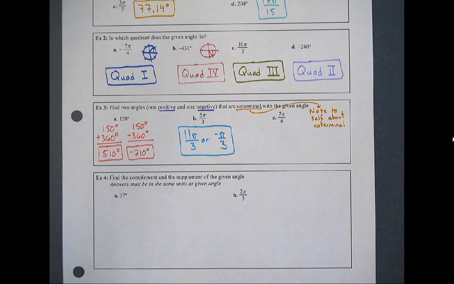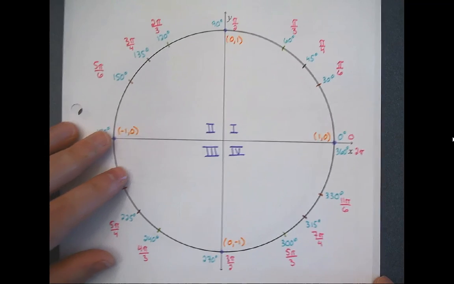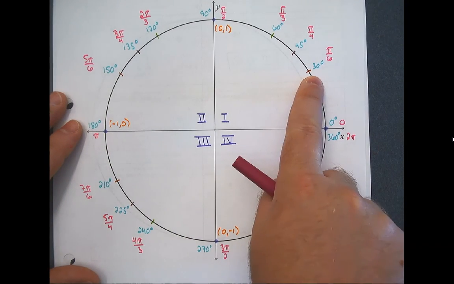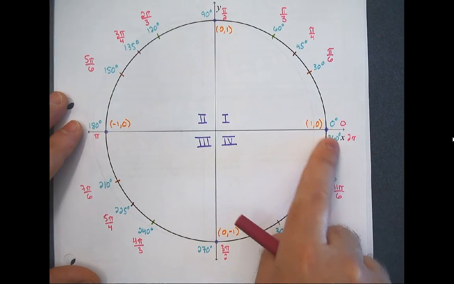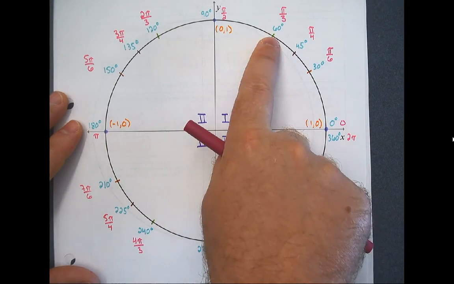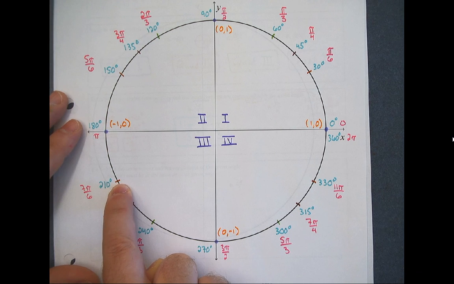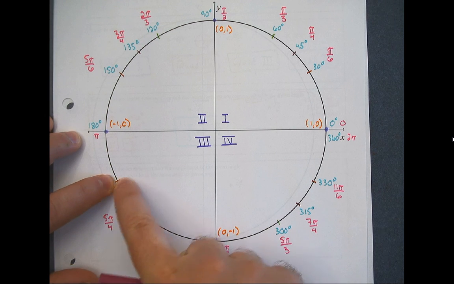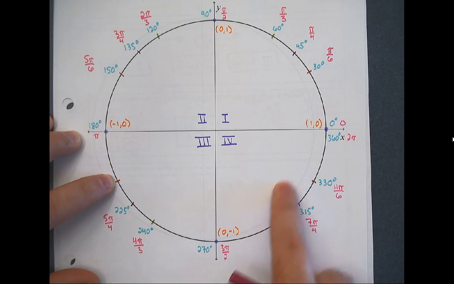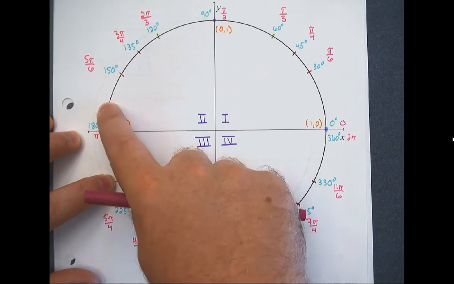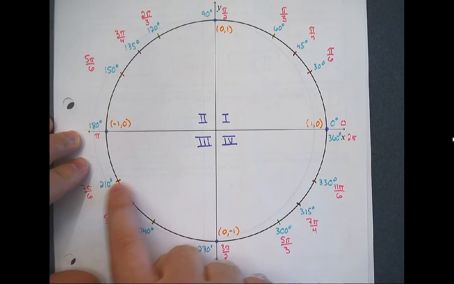All right, 7 pi over 6. Let's see if we can do both of them on the paper and then flip back. 7 pi over 6. I first got to count by pi over 6, so that's 30s, and I got to count 7 of them. 1, 2, 3, 4, 5, 6. There's 7 pi over 6. Keep going, so that's 7, 8, 9, 10, 11, 12, 13, 14, 15, 16, 17, 18, 19 pi over 6. That's the same as 7 pi over 6.